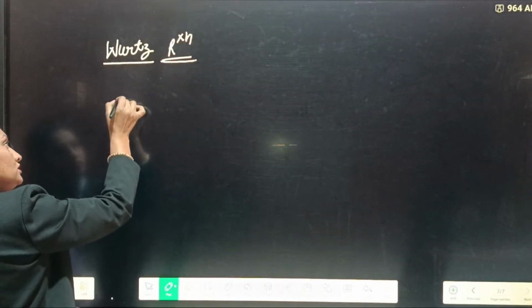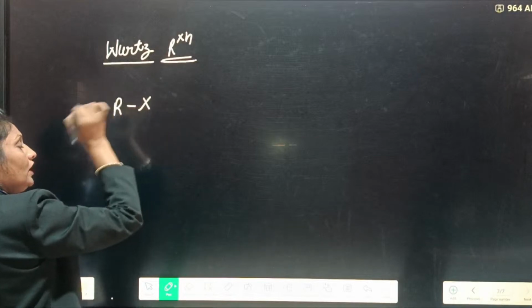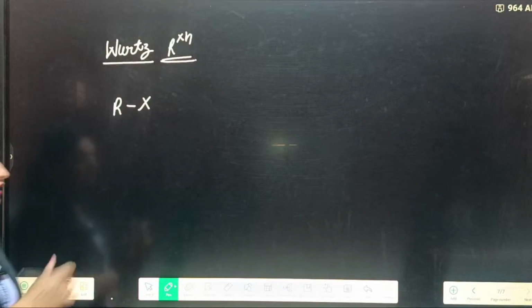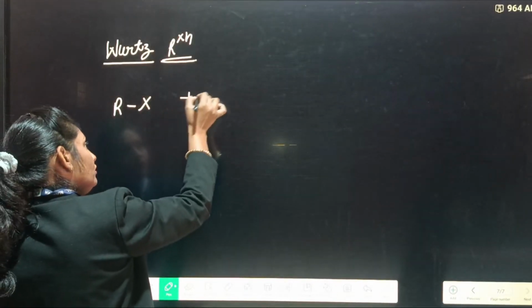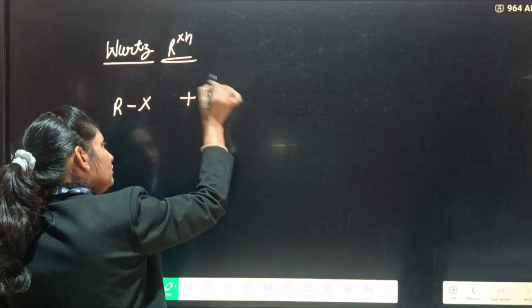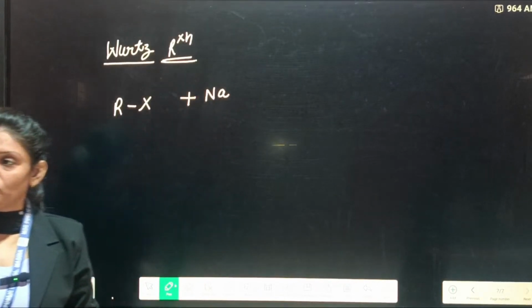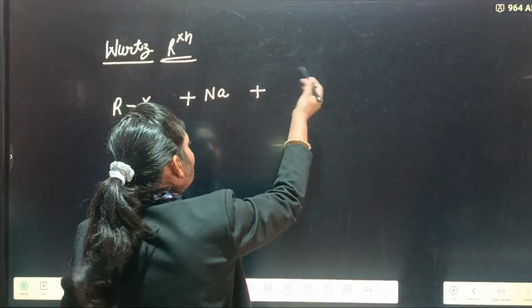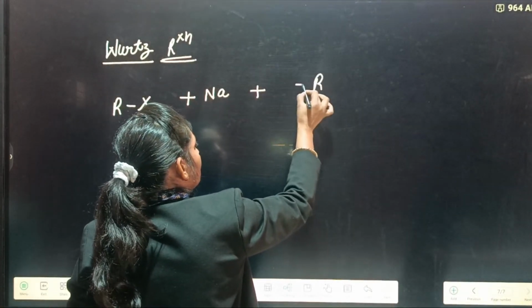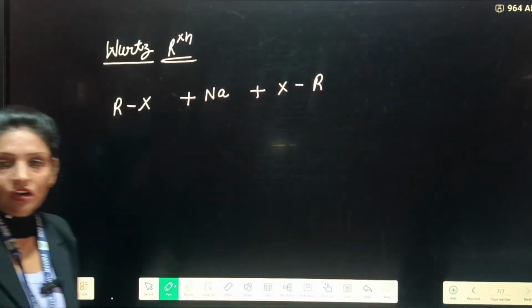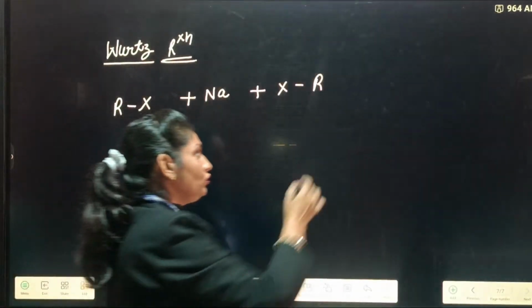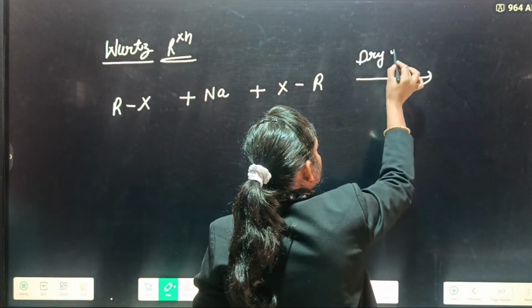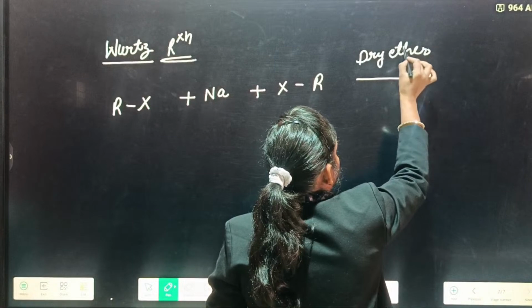Wurtz reaction, students: if you are having alkyl halide and you want to do a reaction with sodium metal, one more unit of alkyl halide, this reaction you will also do in the presence of dry ether.